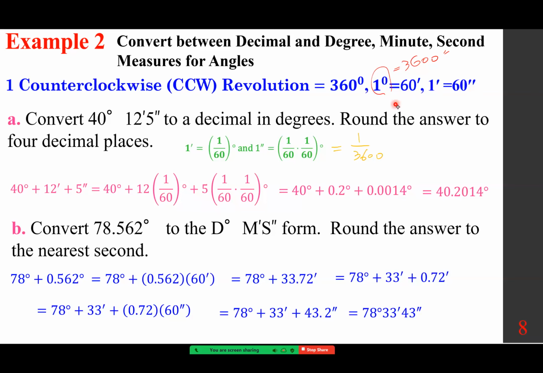And the conversion is that if 1 degree is 60 minutes, then 1 minute is 1 over 60th of a degree. If 1 minute is 60 seconds, then 1 second is 1 over 60 times 1 over 60. That means 1 over 3600 of a degree. That's how small it is.